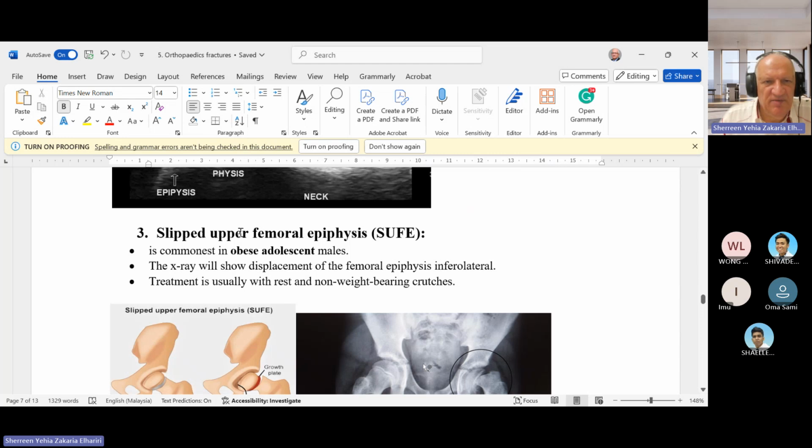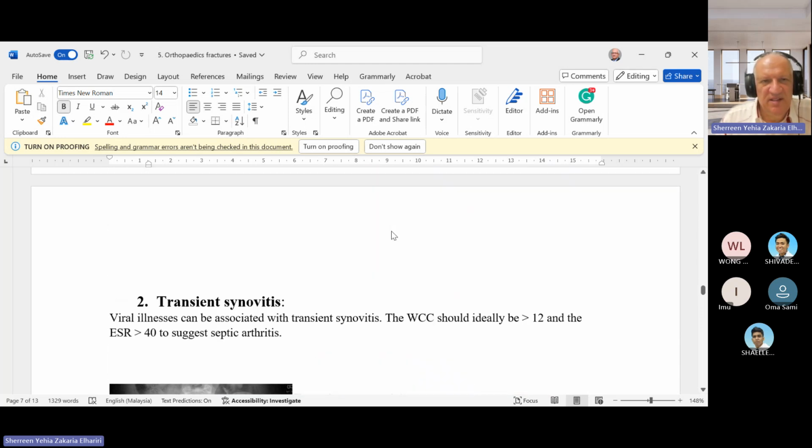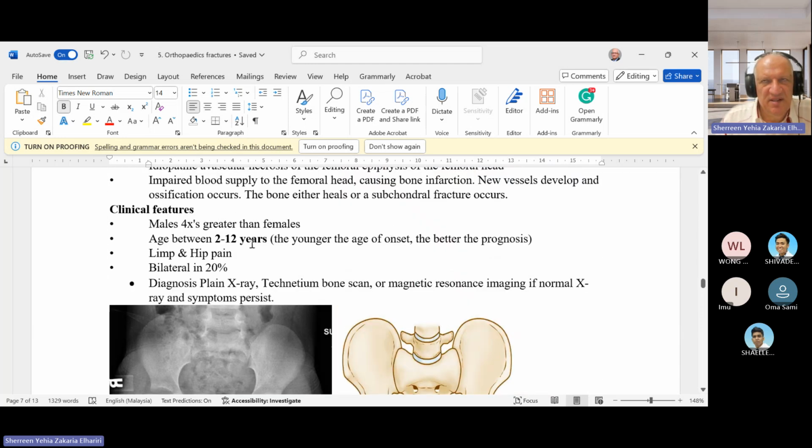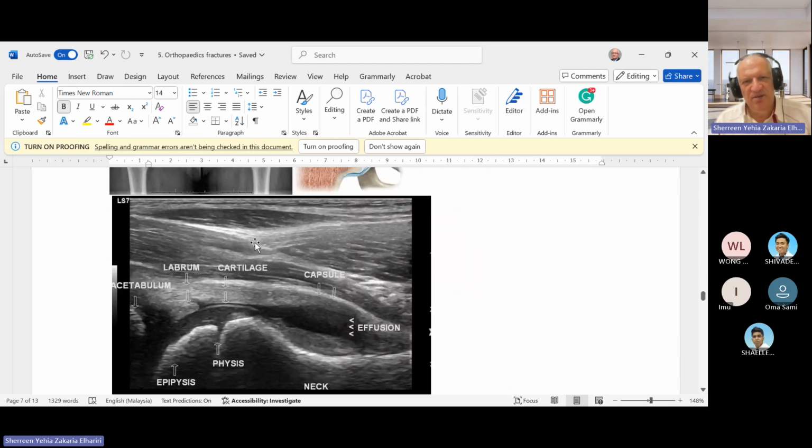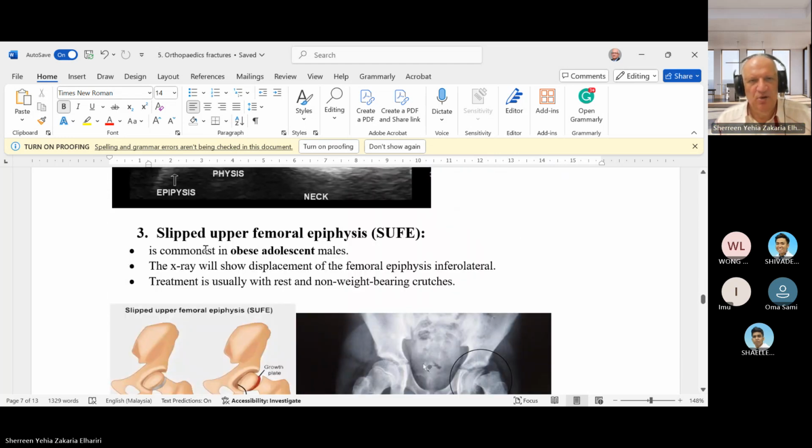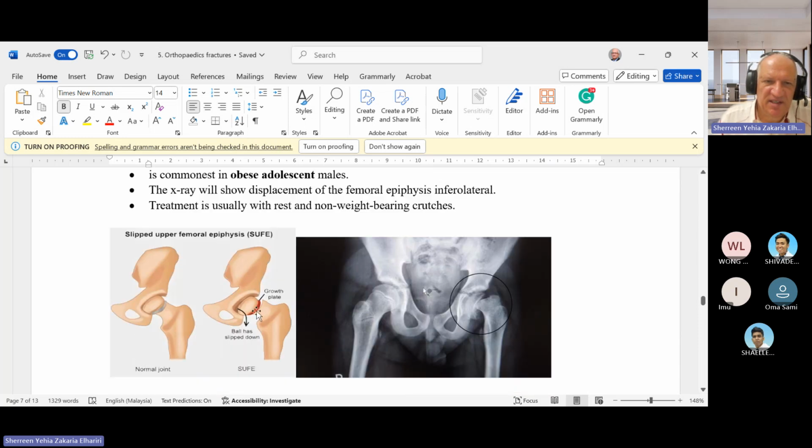SUFE or slipped upper femoral epiphysis is common in obese or overweight adolescent males, so it is over age 12. If younger, it can be Perthes disease. If a little older and overweight, it can be slipped upper femoral epiphysis.